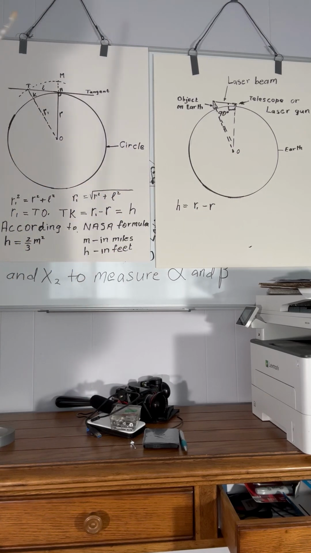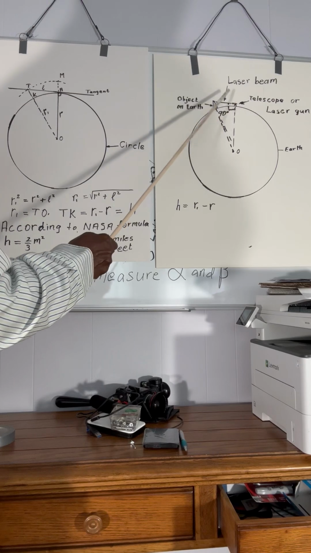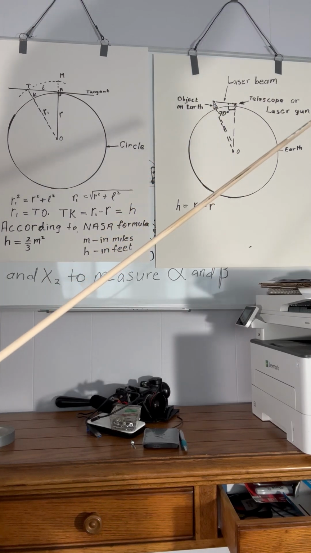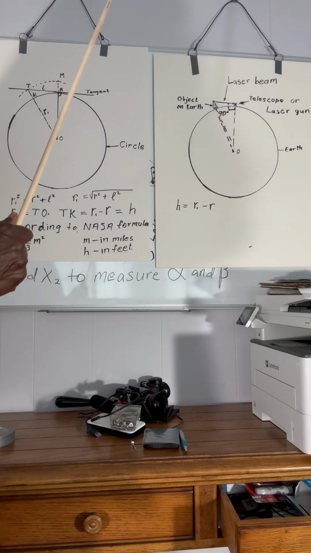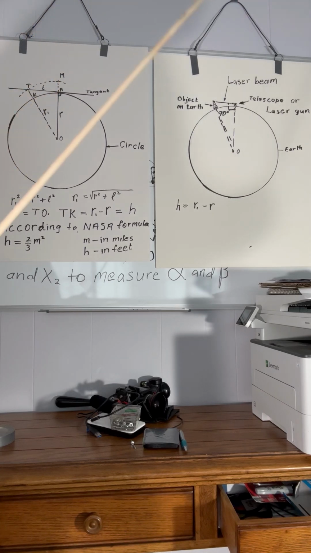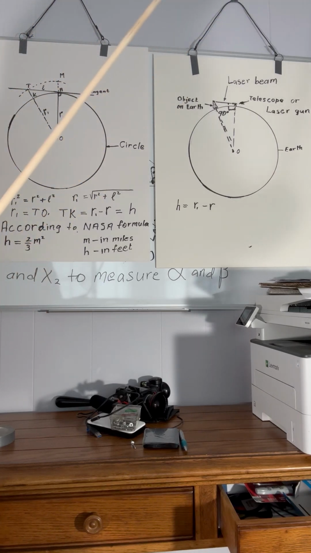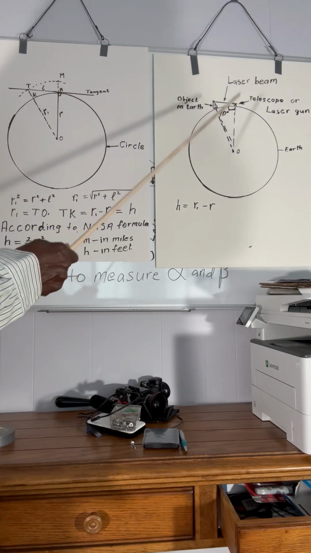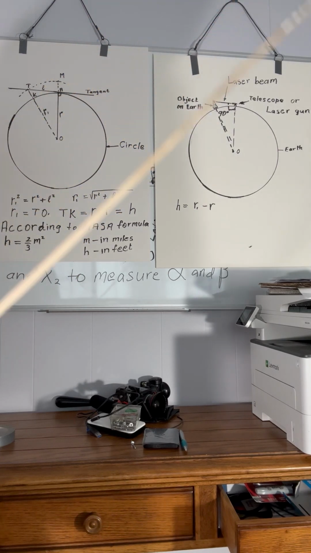That shows the earth is flat. If the earth is not flat, you should be able to see only the tip of a building in Chicago that's around 1,060 something miles away. So that tells you the earth is flat.